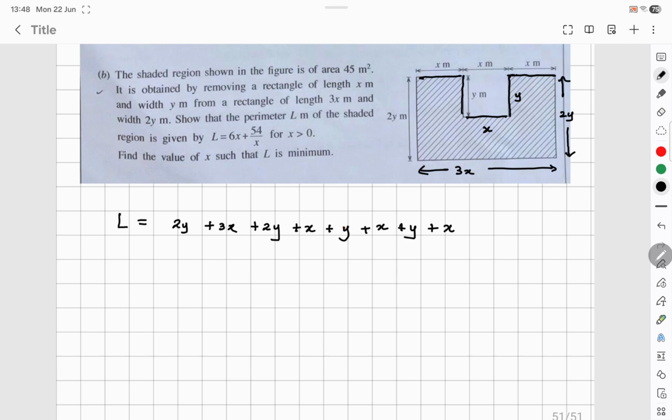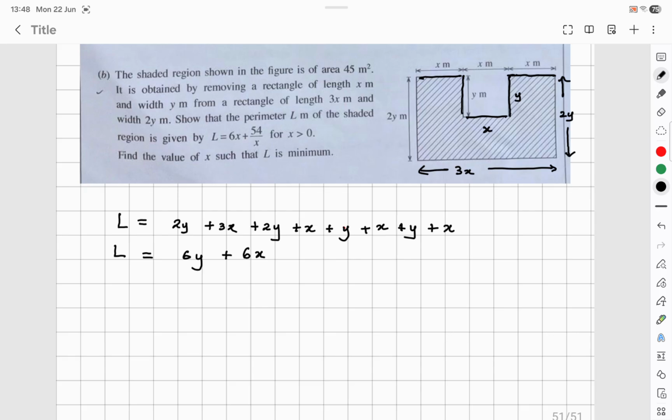So what do we have then? We have 2y plus 2y plus 2y, 6y, plus 6x, right? Yes. So perimeter is 6y plus 6x, right?